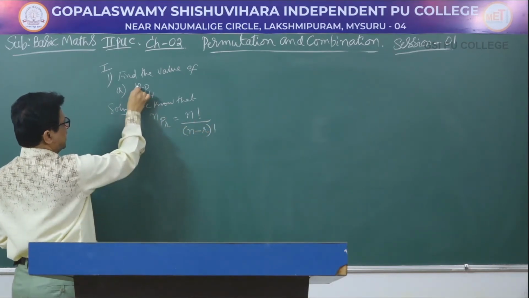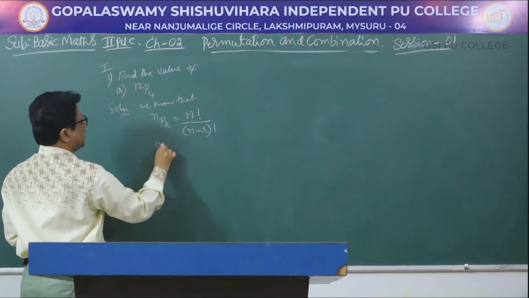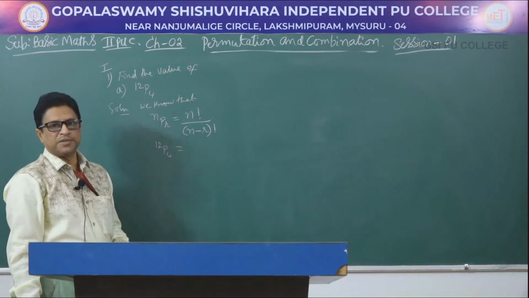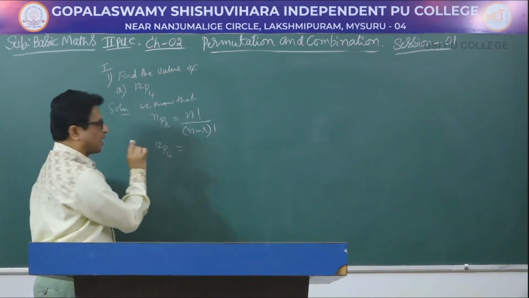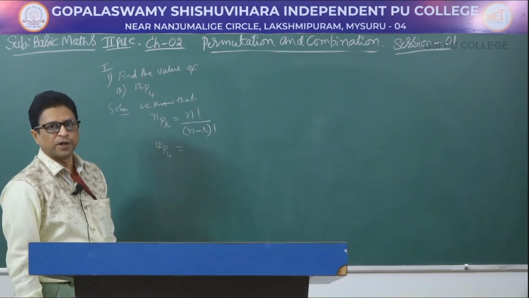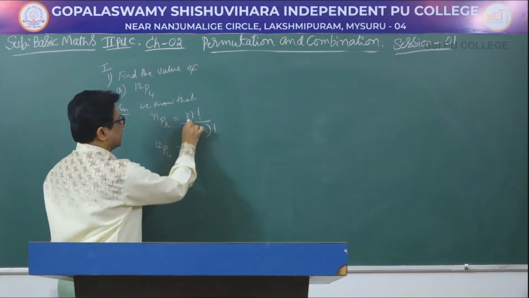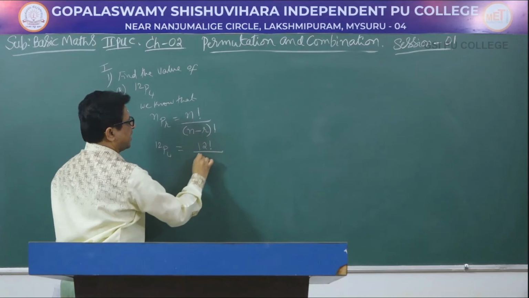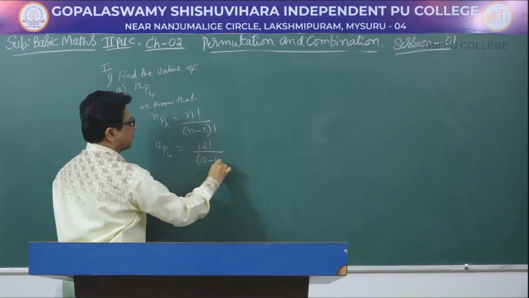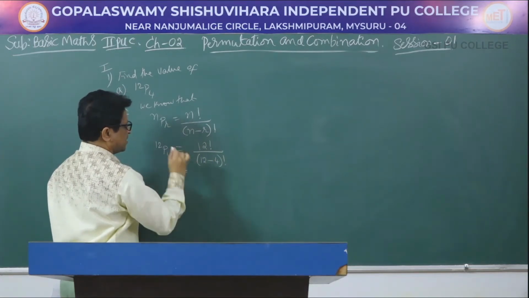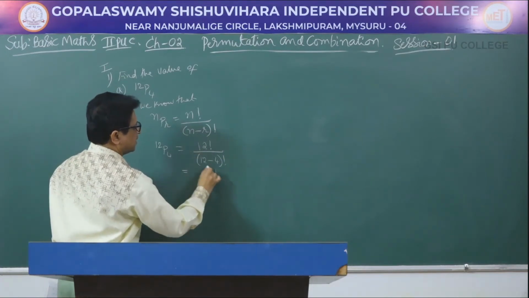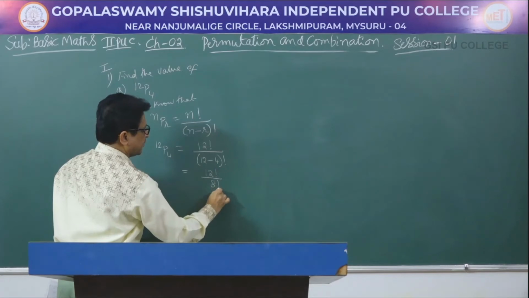Here the value of n is 12 and the value of r is 4. That means out of 12 objects we have to arrange 4 objects. So 12P4 is equal to 12 factorial by (12 minus 4) factorial, which is 12 factorial by 8 factorial.